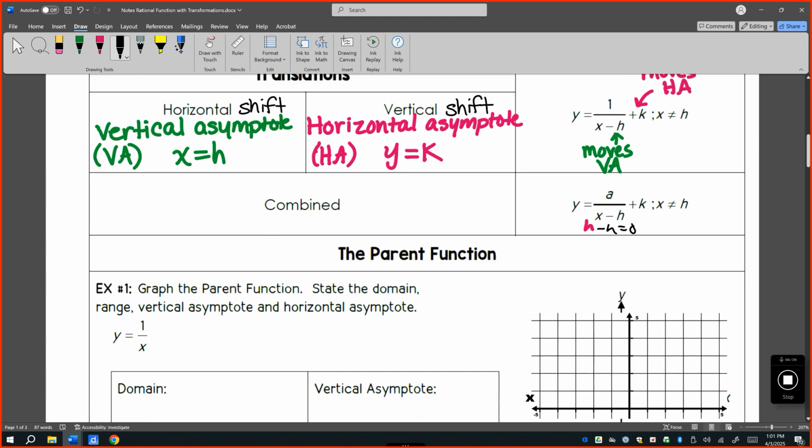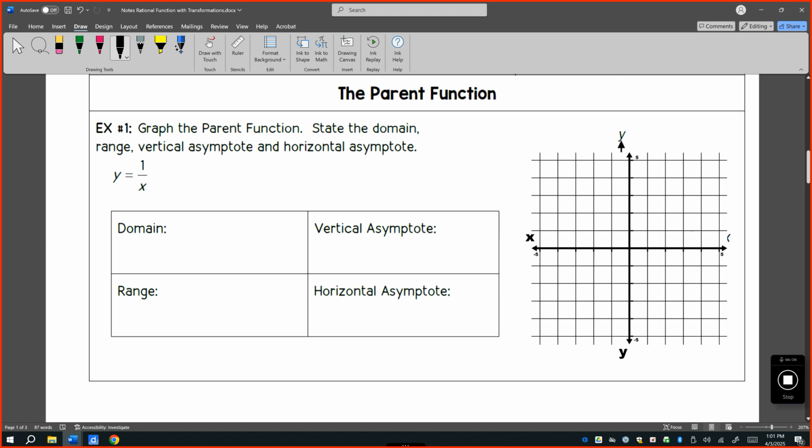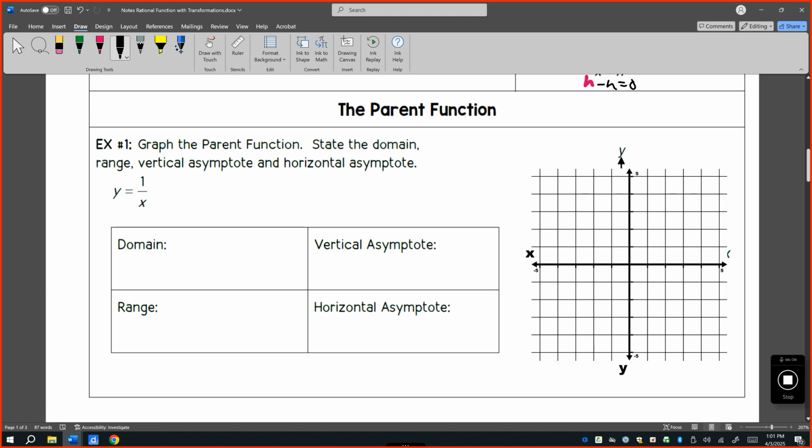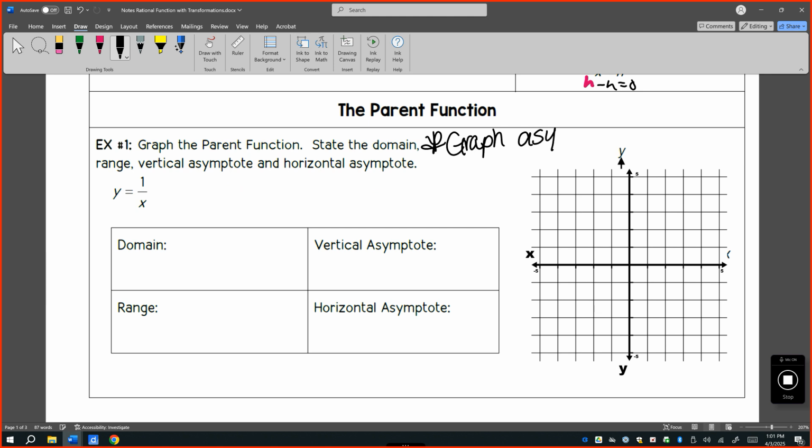Okay, let's go over how to make the parent function, okay? So we always graph asymptotes first. That's the first thing that you put on the graph, is the asymptotes, okay? And if you color code them, you're less likely to get them mixed up, okay? So our vertical asymptote is at x equals h.